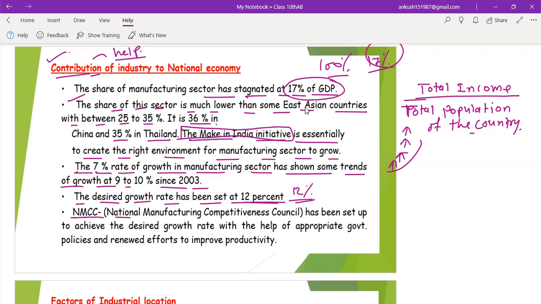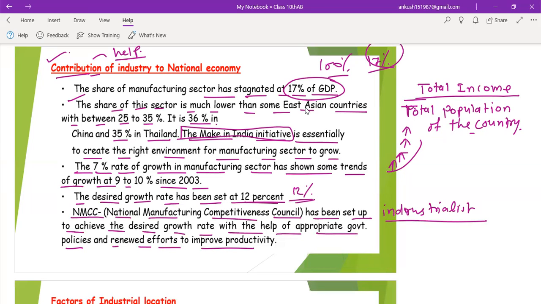NMCC, what is it? National Manufacturing Competitiveness Council has been set up to achieve the desired growth rate with the help of appropriate government policies and renewed efforts to improve productivity. See here, only industrialists are not responsible for making our country a Make in India country.